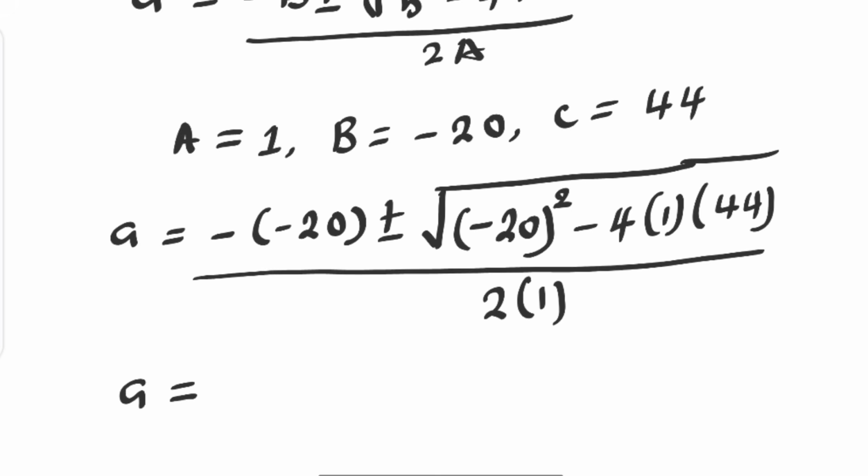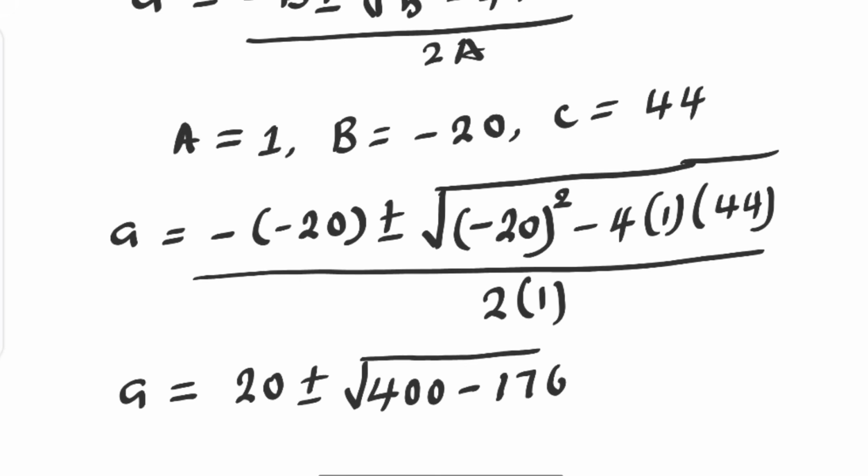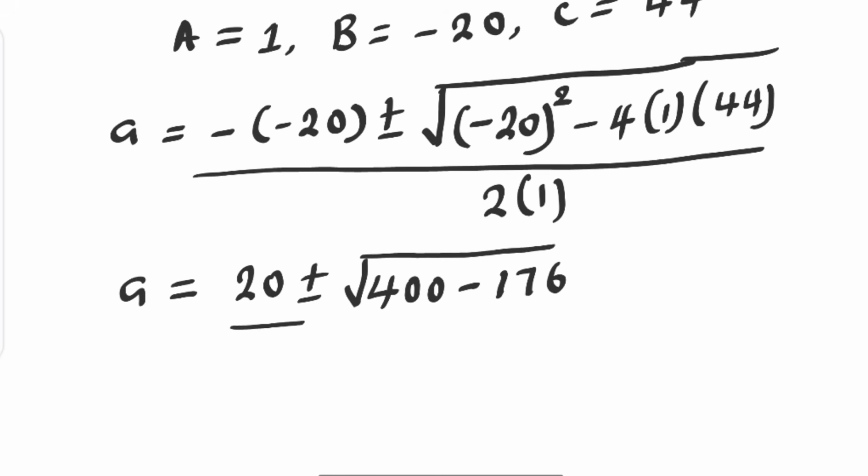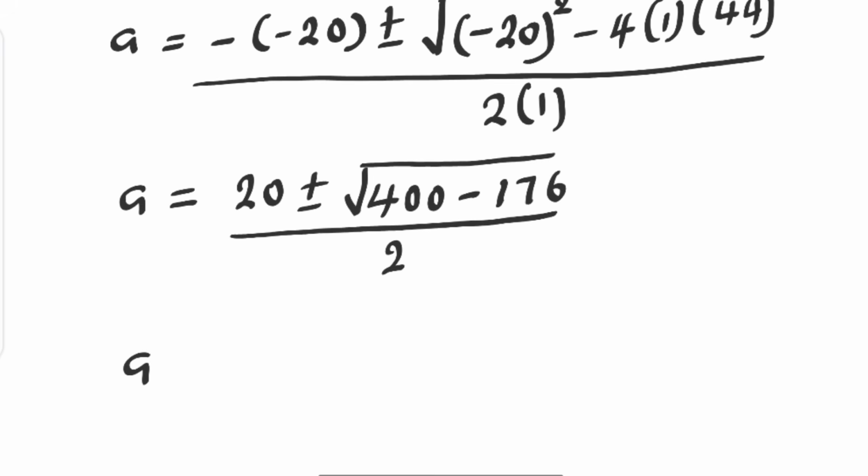A is equal to minus times minus 20, that is 20, plus or minus square root of minus 20 square, that is 400, minus 4 multiplied by 1 multiplied by 44, that is 176, divided by 2. A is equal to 20 plus or minus square root of 400 minus 176.